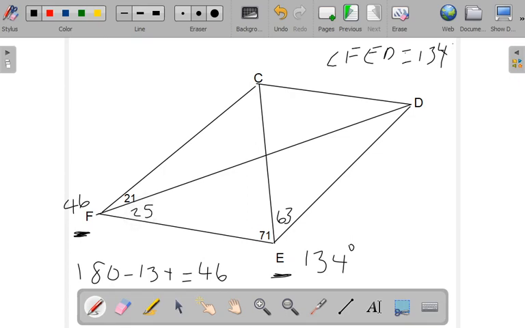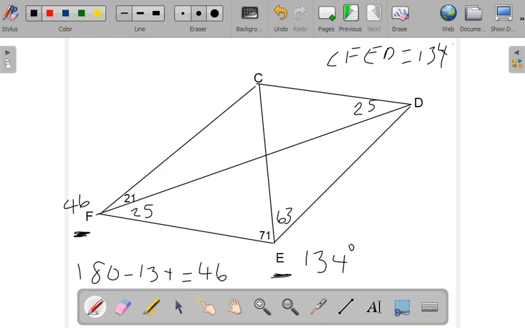So to find the other missing angles, we have to use the property of alternate interior angles. So if we know that angle is 25, then we know up here that this little angle is going to be 25. Alternate interior, opposite side, opposite vertice.